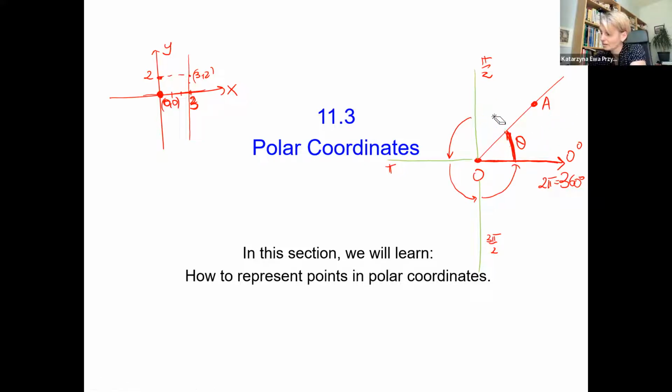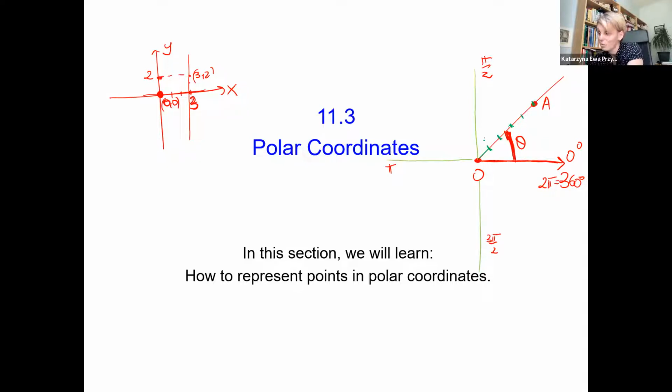Let me remove the other one. We know how to find out the angles. This angle is theta. And also we have to find out the distance, still the distance, but the distance from the point O, the origin, I can pull to that point. And I will assume that this is 1, 2, 3, 4, 5.